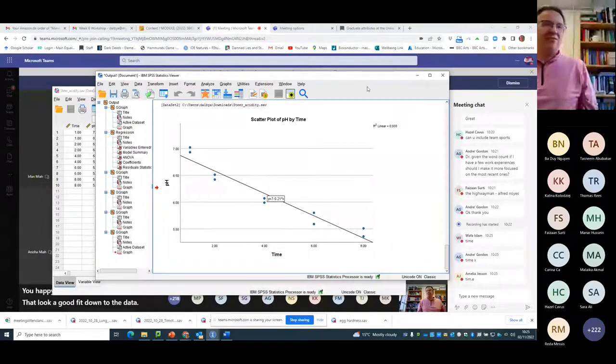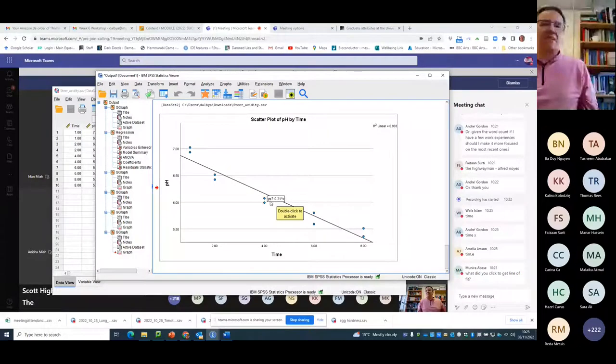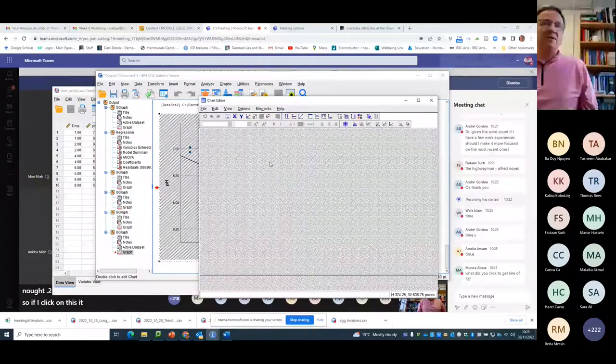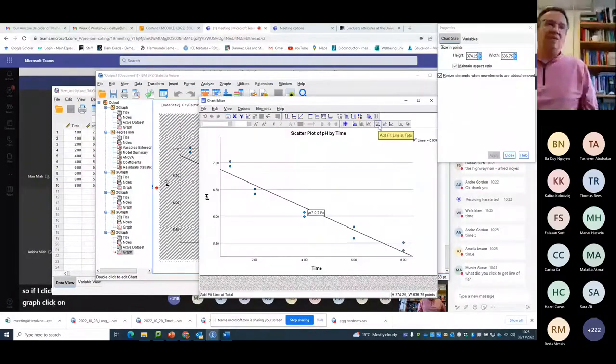It's got a high R squared. The thing is, the equation is y equals 7 minus 0.21 times x. What did I click to get the fit? So if I double click on the graph, click on this button here, which says add fit line at total.